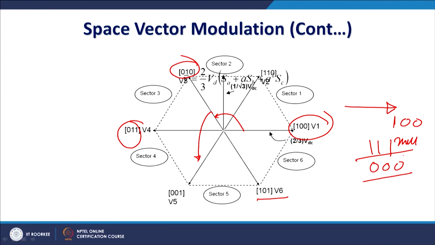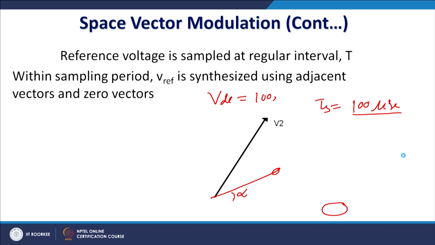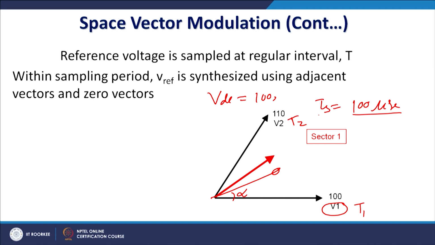In this condition, let us say the time is T1 and the corresponding time is T2, and the rest of the time is given by the null vector timing, which is placed at the beginning and the end of the cycle. There is a reason behind it, and we will discuss it subsequently. Let us consider that this is sector 1, and let us see the geometry.